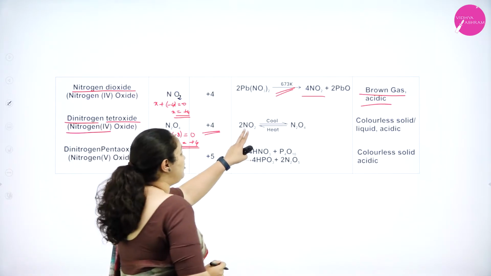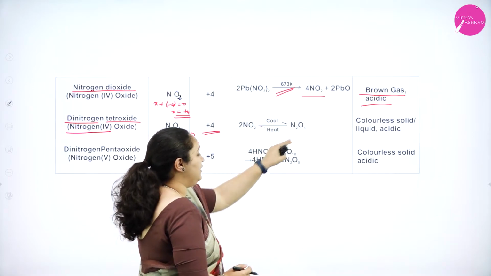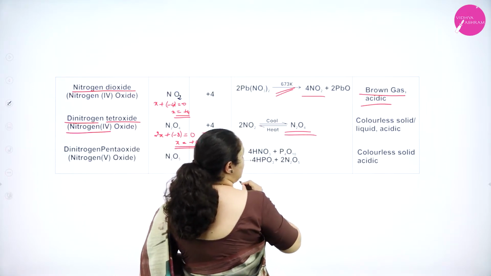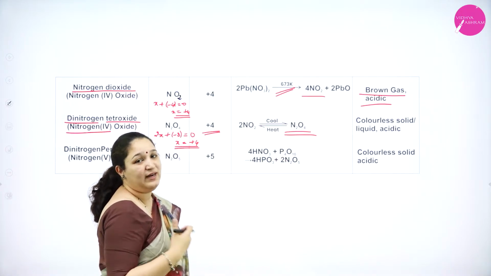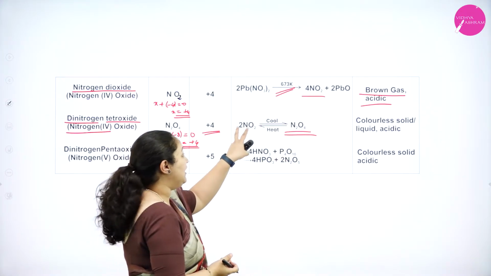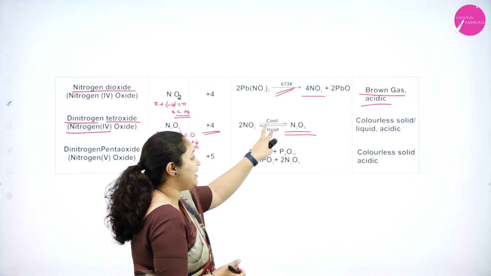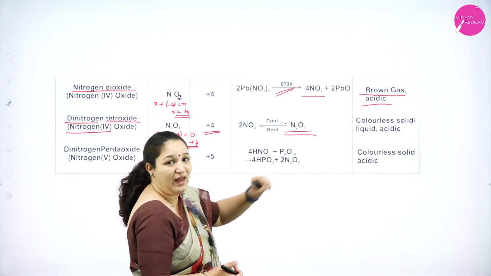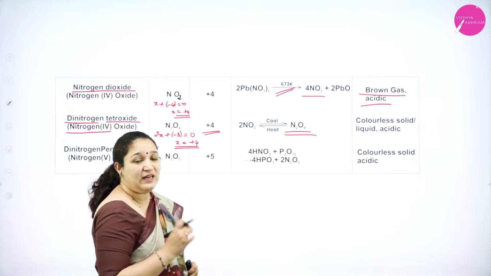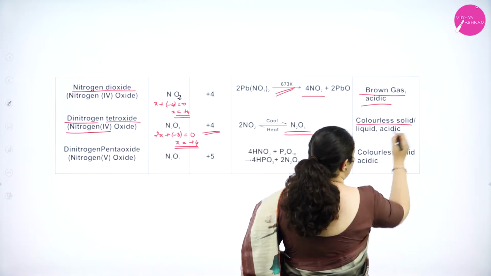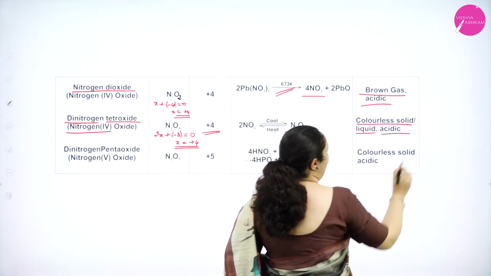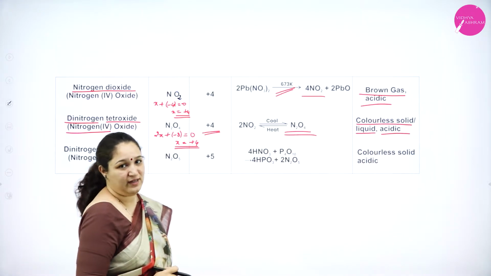You take nitrogen dioxide, if you cool it, you will get nitrogen tetroxide, or if you take nitrogen tetroxide and heat it, you will get nitrogen dioxide. That is, nitrogen dioxide is dimerizing when you are cooling to give N2O4, that is nitrogen tetroxide. This is a colorless solid or a liquid and it is acidic in nature.